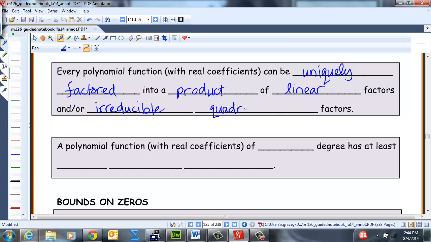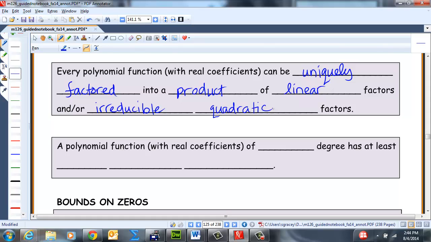And we have all kinds of ways that we can figure out how to find the zeros of quadratic functions. So it's good to have linear and quadratic factors.